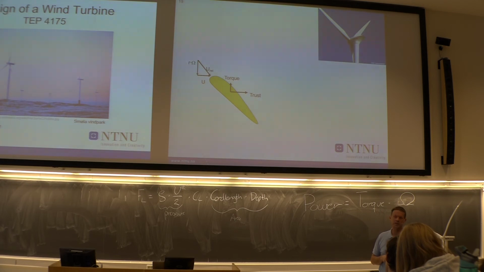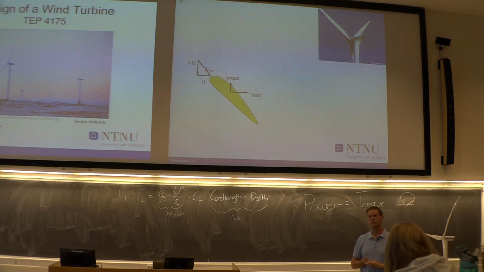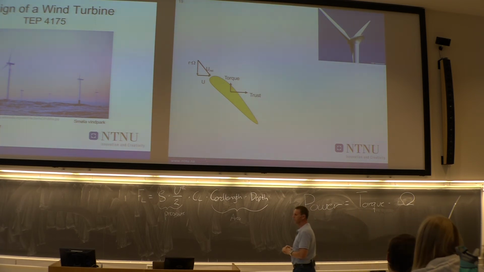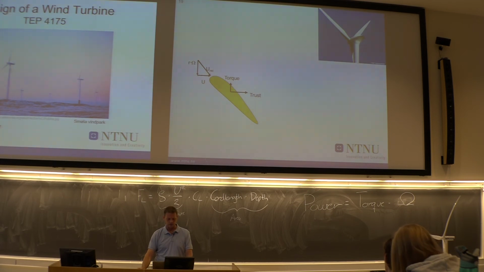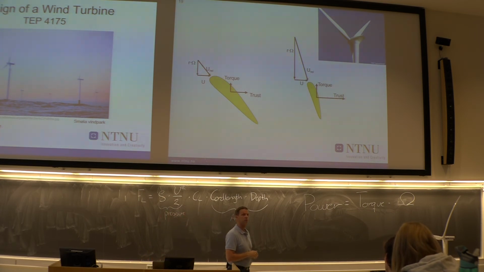So if you are sitting at different radiuses, you have a different peripheral velocity. Let's assume now that you want to have the same angle of attack for all blade elements on the turbine. And you have this velocity triangle at the inner part of the turbine, and you have this velocity triangle at the outer part of the turbine.